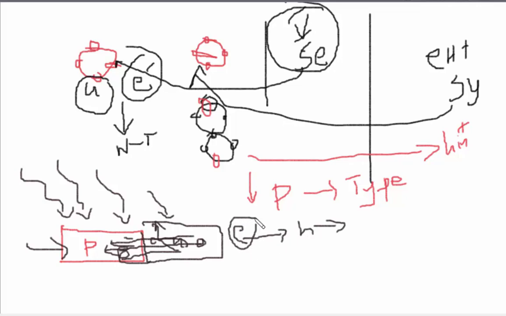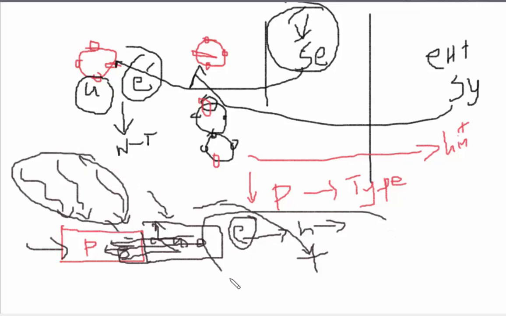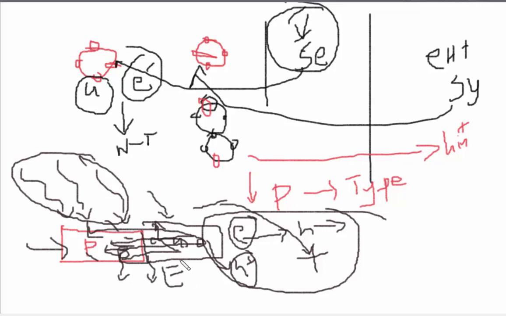Because the electron is negatively charged and the hole is positively charged, so the electron is attracted towards the hole. So if some energy comes here, the electron and hole pair process starts. This electron starts moving here and produces H plus, because there are no electrons in this place. By default it forms an H plus. By this recombination it produces some energy. This is the basic fundamental for generating electricity.